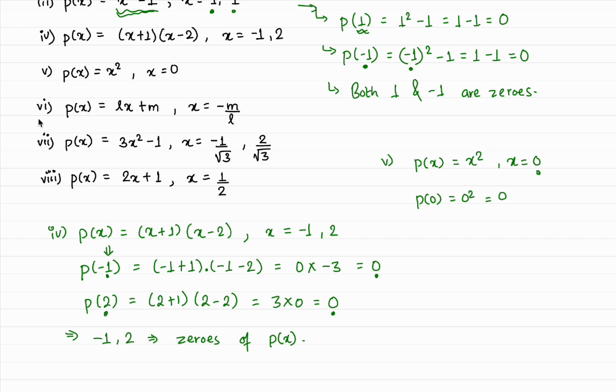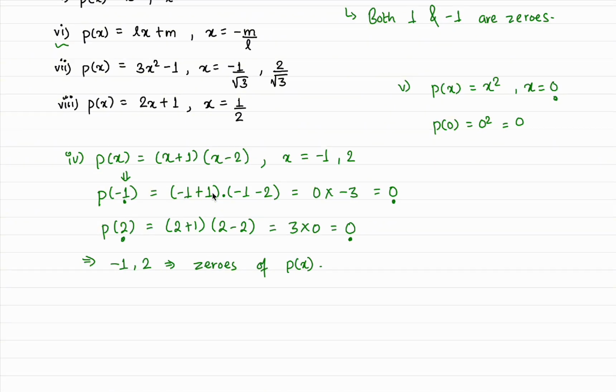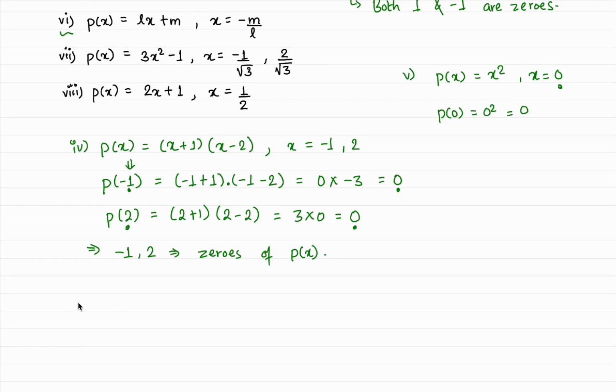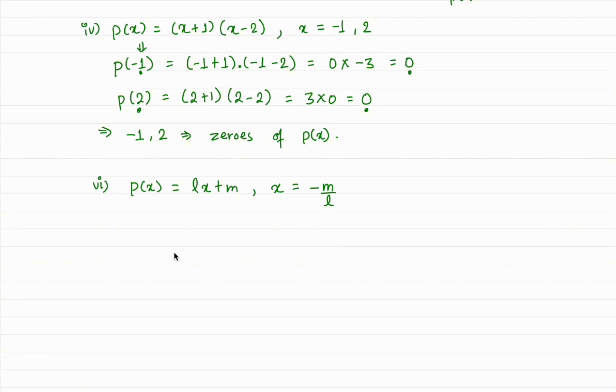Okay, let's do question number 6. Question number 6, we have p(x) equals lx plus m, and we need to check whether x equals minus m over l is a 0 of this polynomial. So let's put the value minus m over l in the place of x. We are trying to test whether it's a 0.